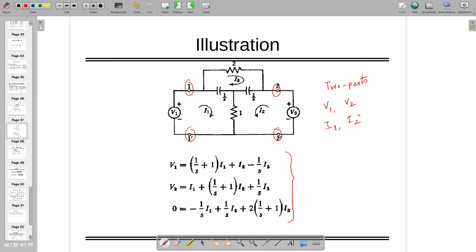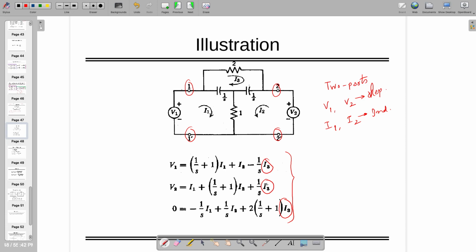If you are considering I1 and I2 as independent and V1 and V2 as dependent, you are going to have Z parameter. If you are taking it the other way around, you are going to have Y parameter. And then you can find out the values. But for that, you have to remove I3 and write I3 in terms of I1 and I2, which you can do.